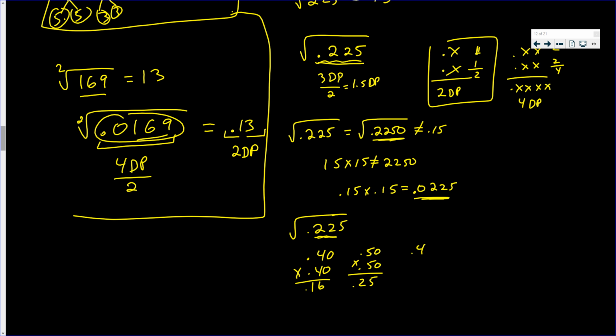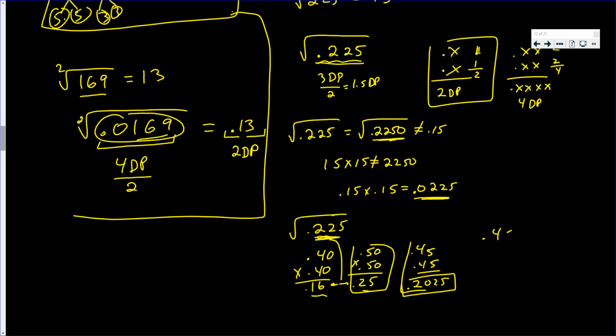So maybe we'll try something in the middle, because 0.225 happens to be in the middle of these two numbers. Well, 0.45 times 0.45, that's 0.2025. Well, that's a little bit too little, smaller than that number, and this is a little bit too big. So I know it's in between 0.45 and 0.50.